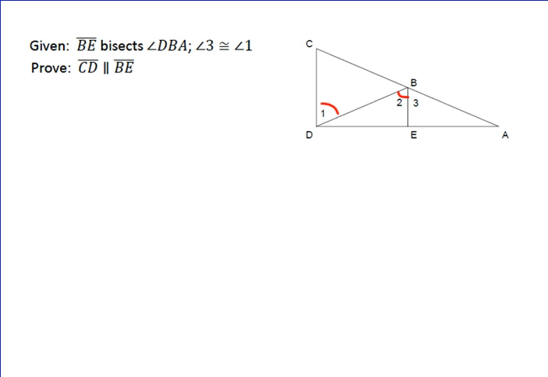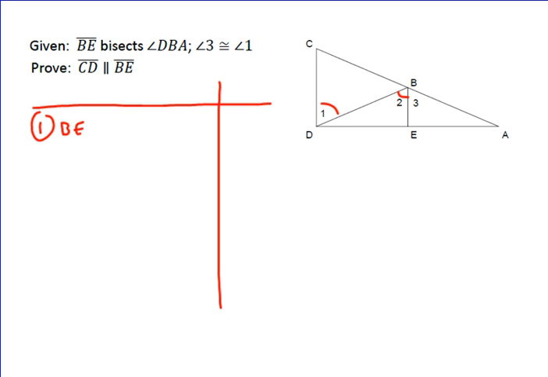On this one, it actually works out pretty easily. First let's get our statements in here for the given, and then we'll talk about those statements. Once those statements are in there for the given, the first thing you should always do is, if you've got a piece of information in the given that is very valuable, like a bisecting statement, then you should go ahead and tell us what that means.